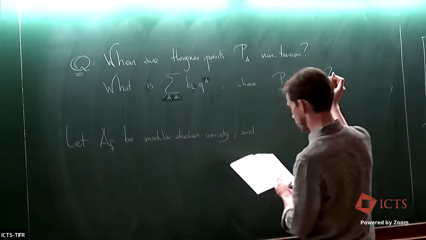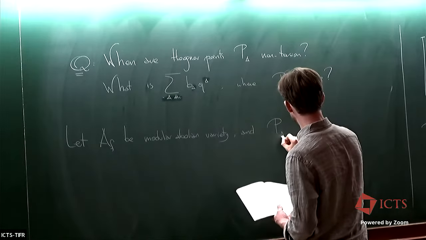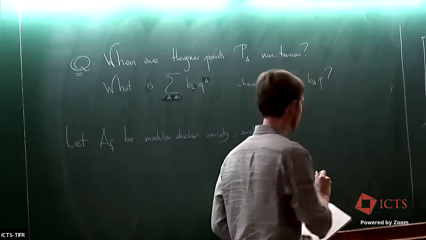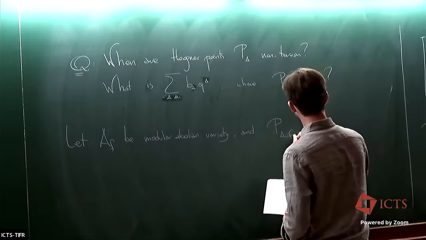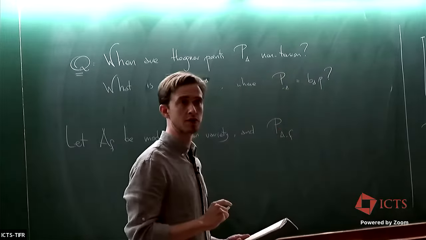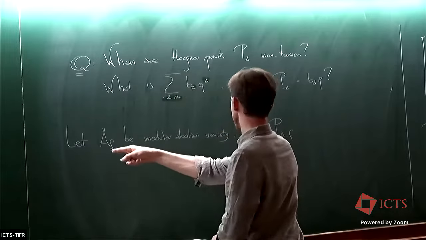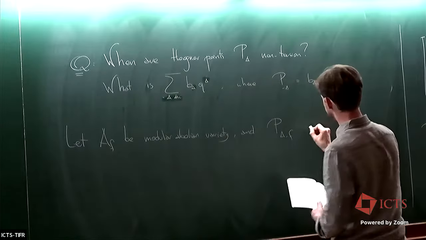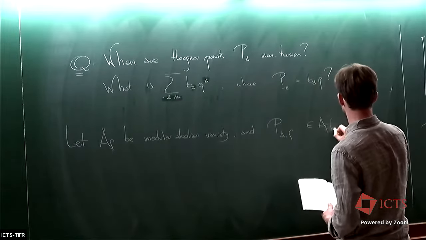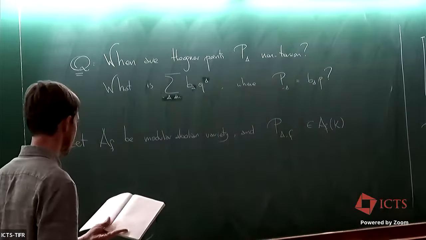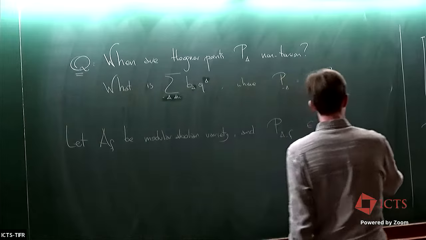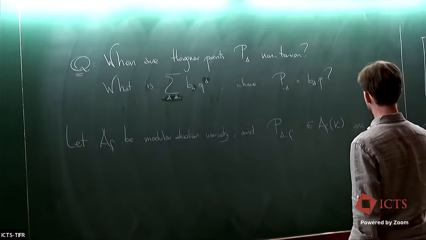And with this construction, likewise, I make my P_delta in the Jacobian as a sum. So the trace I've already taken, and then I project onto the f-isotypic component. That's what I have, a point in this abelian variety A_f, which will be defined over the imaginary quadratic field K.